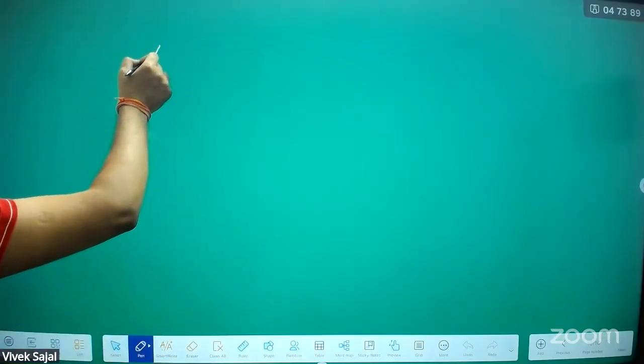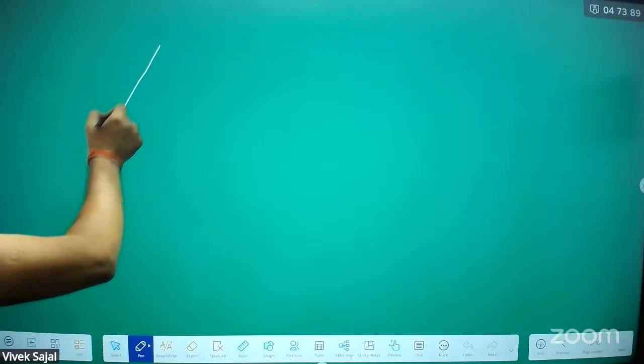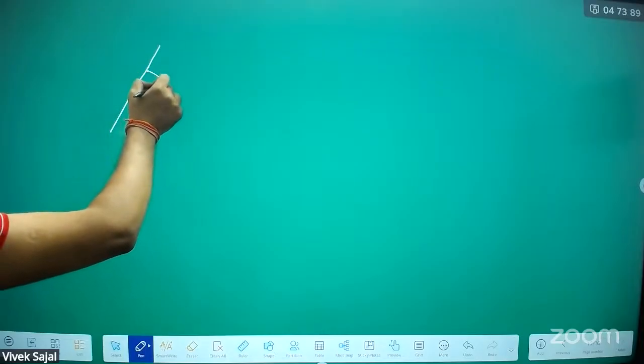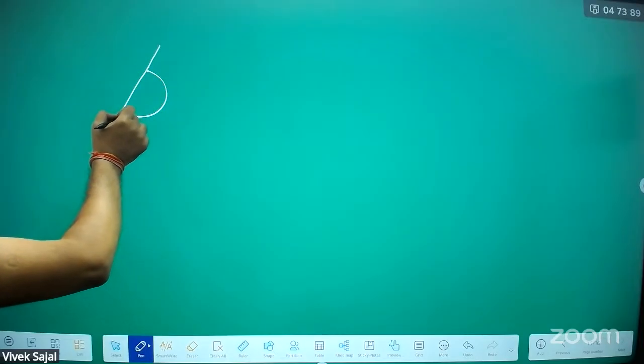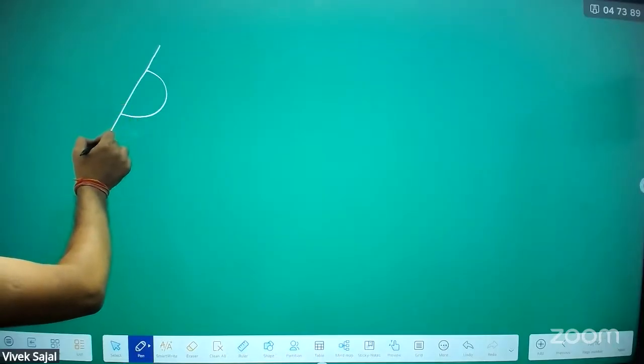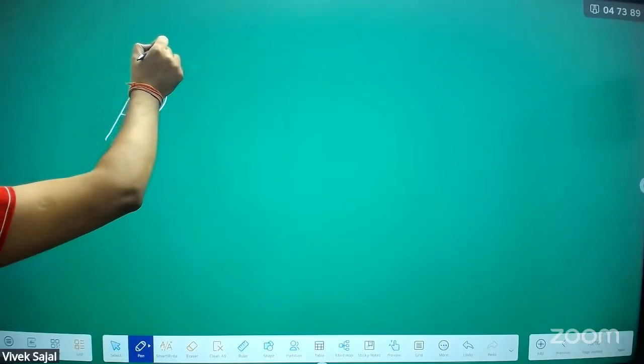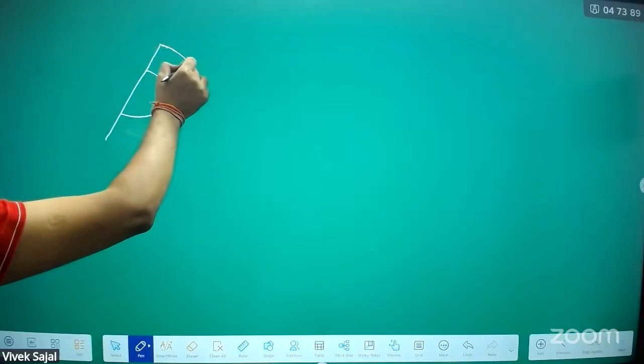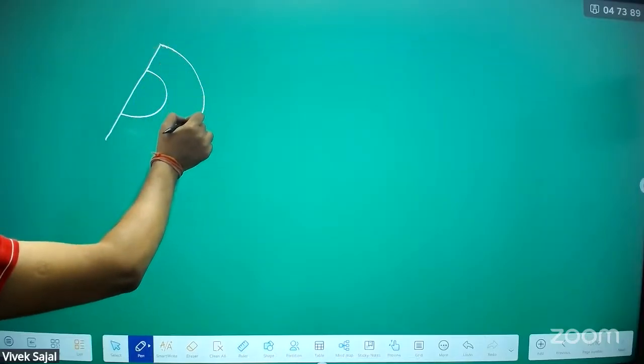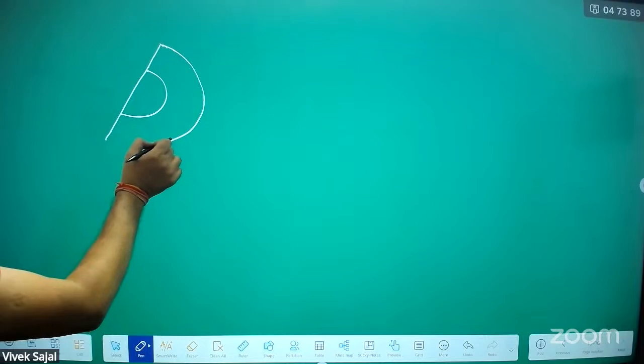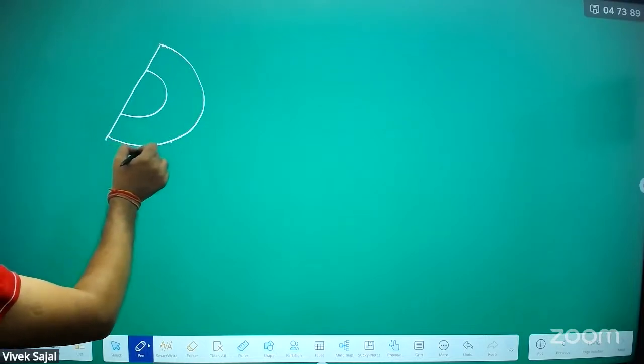So, if you are having an annular disk like this, half annular disk. This time I'm having half. This was asked in one of the exam. नेट में पूछा था शायद ये. I have discussed this aspect with you.